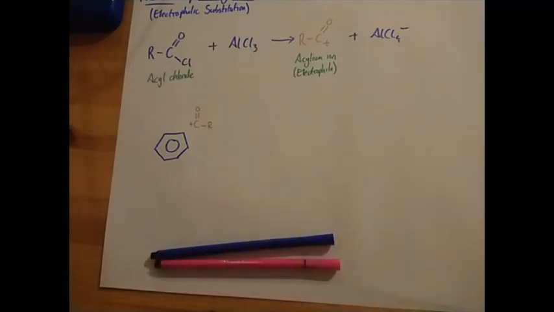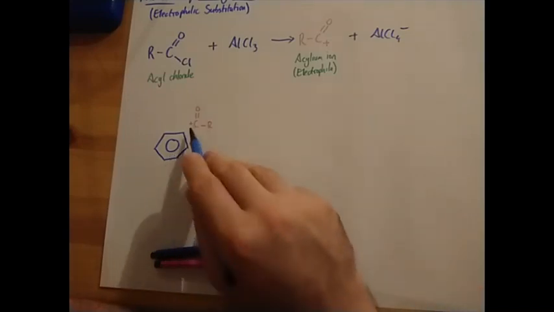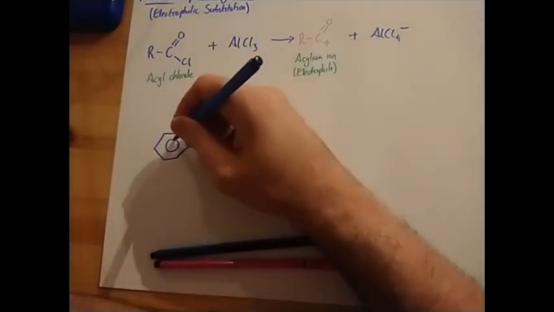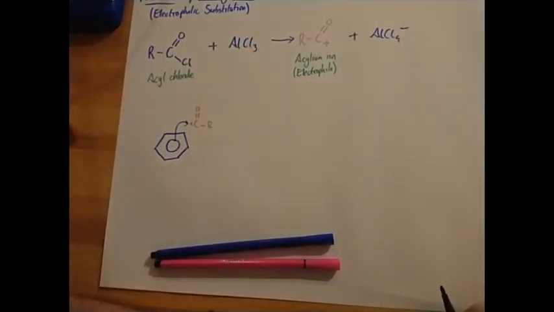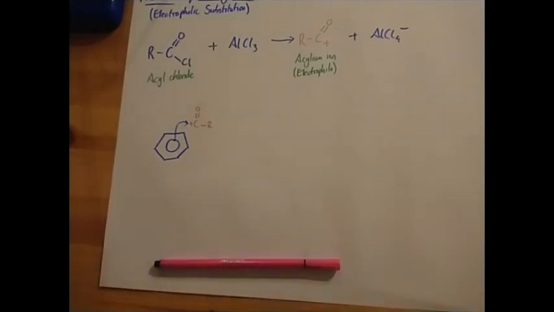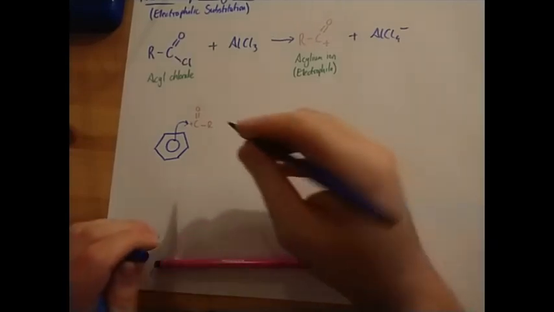clearer what you're doing. Now, yesterday, when we did the nitration, we had to draw a curly arrow from the ring to the NO2+. Well, we've got a ring here, we've got something with a plus charge, it's exactly the same. So we're going to go from the ring to the plus on the acylium ion.